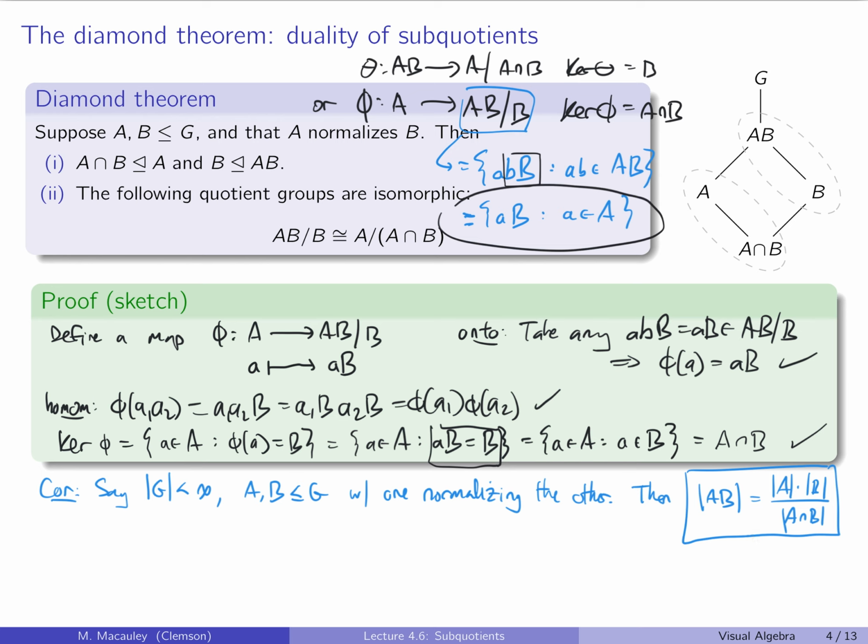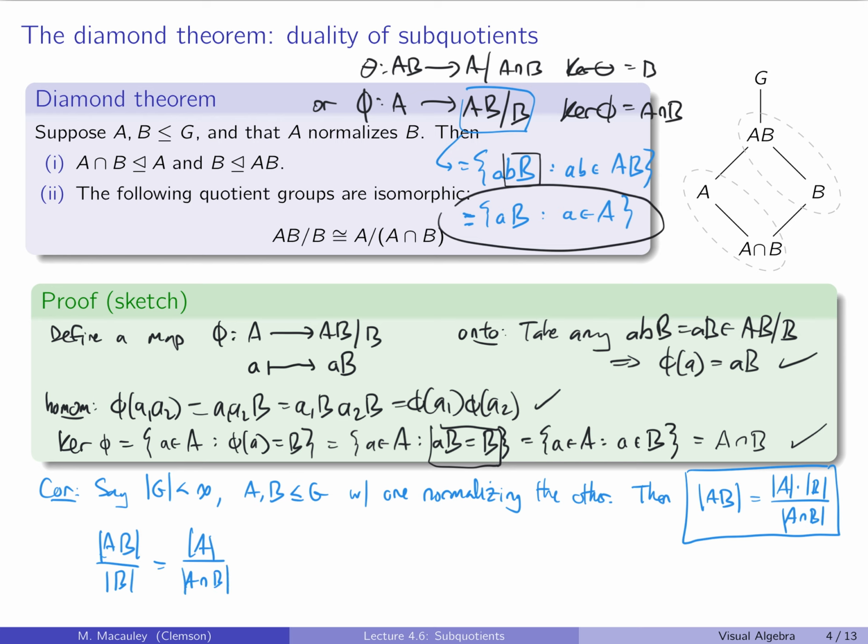If we move the order of B over to the left-hand side, that is the same thing as saying the size of AB over the size of B is the size of A, or the order of A, over the order of A intersect B. And now, you see why that's true?